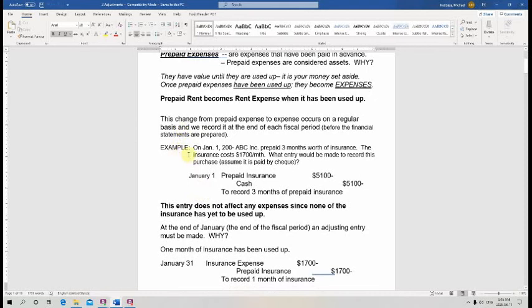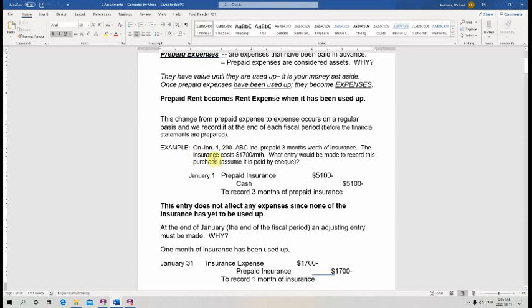All right, so let's do an example. On January 1st, ABC Incorporated prepaid 3 months worth of insurance. The insurance costs $1,700 a month. So we're talking about 3 months or $5,100, right? So what entry would be made to record this purchase? Now, we're just recording the purchase of the insurance right now.